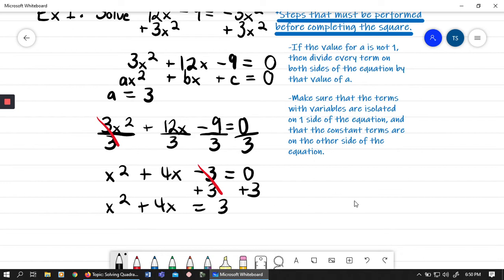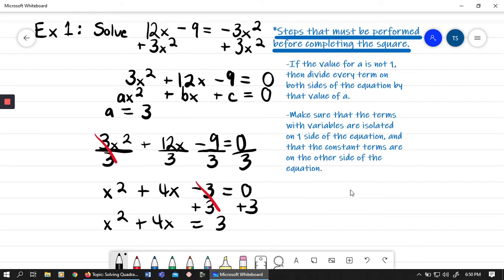All right, and remember, folks, this was all stuff that we needed to do even before completing the square.